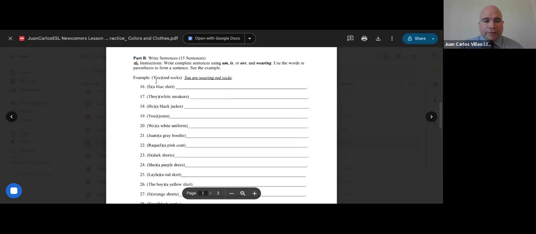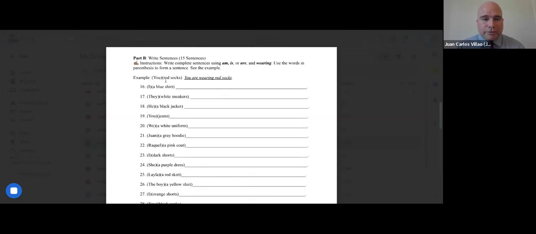What you see in parentheses are the words you'll be using to form a sentence. Las palabras que ve en paréntesis son las palabras que van a utilizar para formar una oración. In parentheses, you, and then you have parentheses, red socks. So you are wearing red socks.